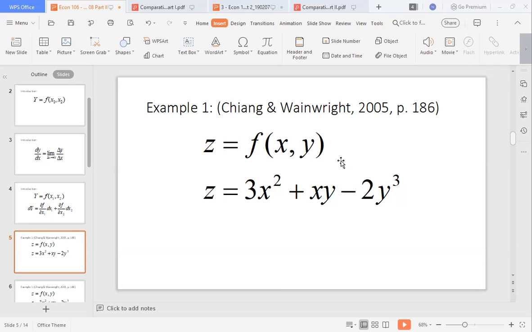I don't think it's a formula. I cannot call it. How do we generally get the total differential of this function, Gonzalez?